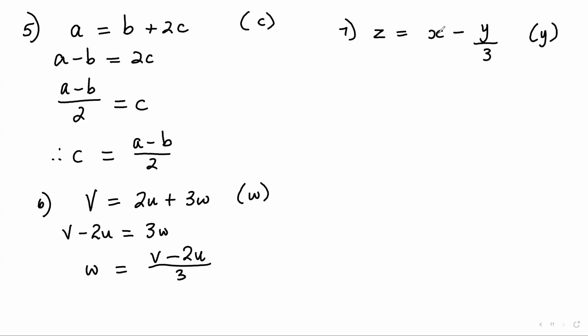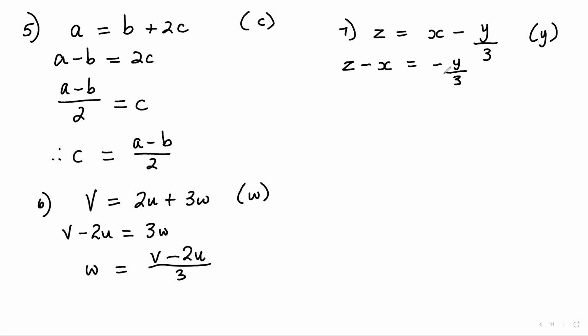Remember, this minus sign has to do with y over 3. It is not included for x. This is really plus x. So when I move plus x to the other side, it becomes minus x. So I'll have c minus x is equal to minus y over 3.